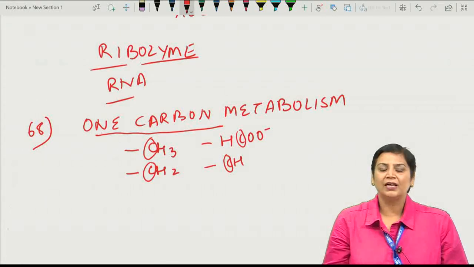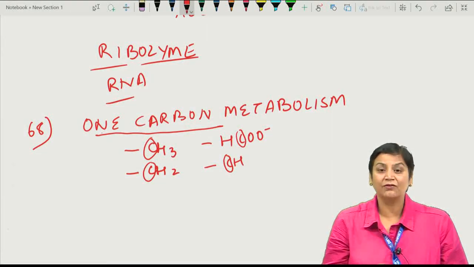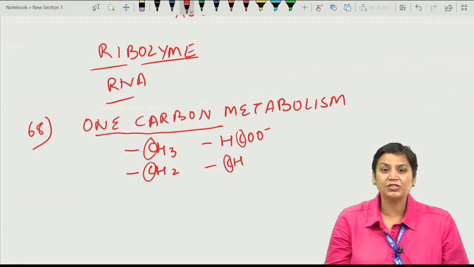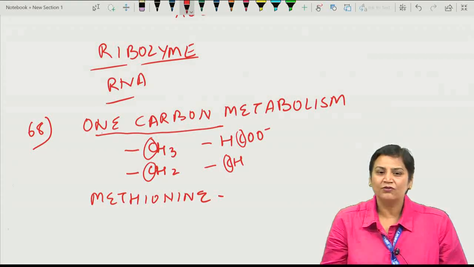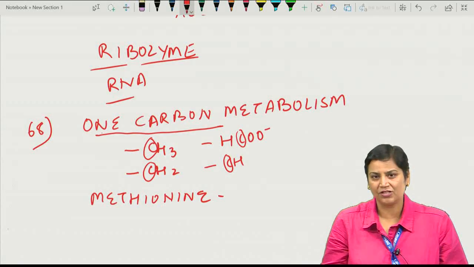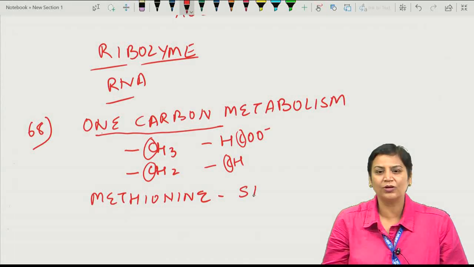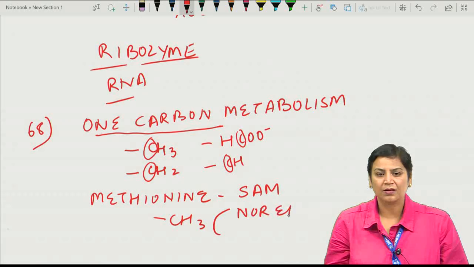What are the amino acids and vitamins involved in this one carbon metabolism? Most important is methionine. Methionine is required for transmethylation reactions. The active form of methionine is SAM, and it helps in transferring the methyl group when norepinephrine is converted into epinephrine.